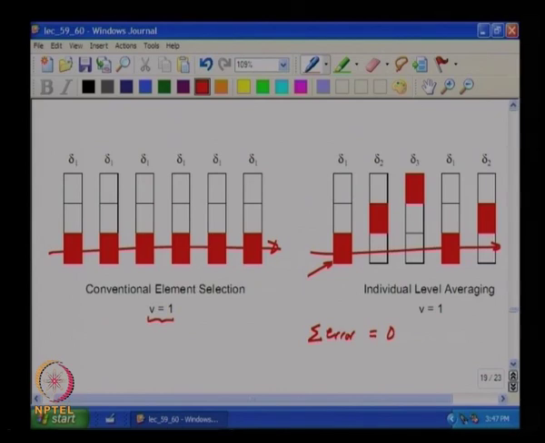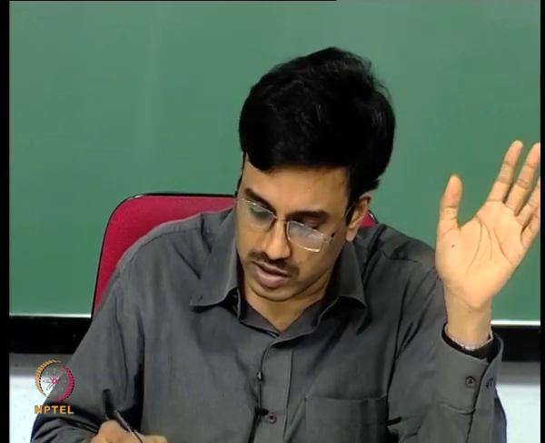Now, if the accumulated error goes to 0 after 3 cycles, then if you look at the accumulated error after a lot of time, it is always bounded, because after every 3 cycles it is going to 0. So, wherever you stop, this accumulated error is bounded. Does this make sense? Or this accumulated error is finite.